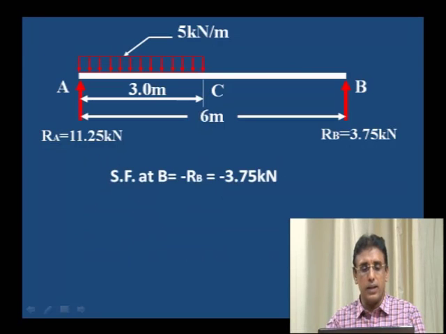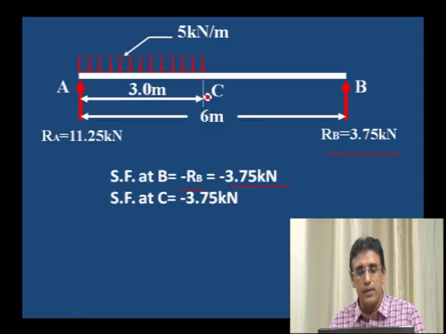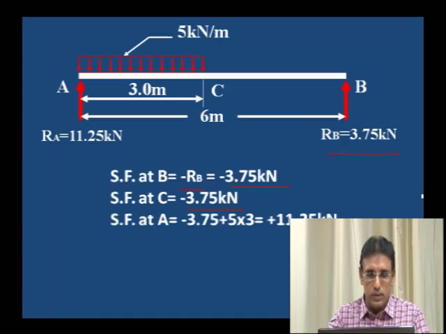Let us calculate the shear force. Shear force at B is minus RB value. RB value is 3.75 kilonewton. Shear force at C is constant. No load is added in between C and B. That is why it is constant at 3.75 kilonewton.